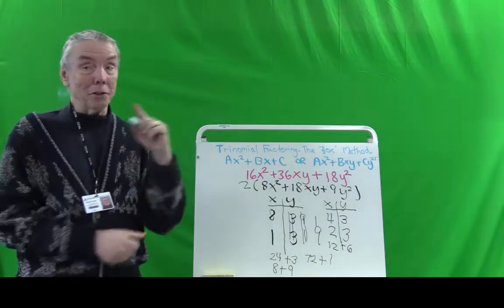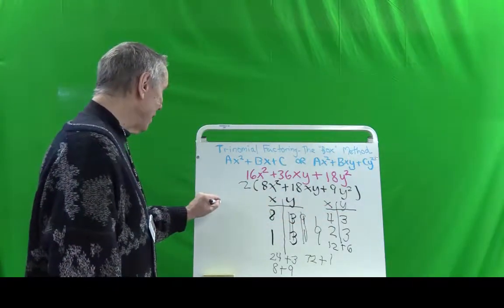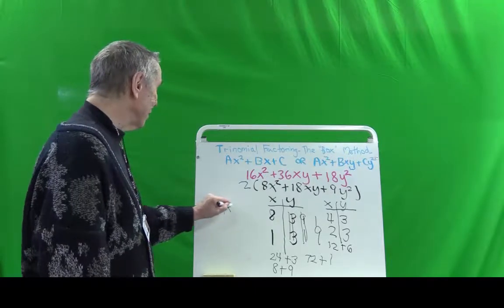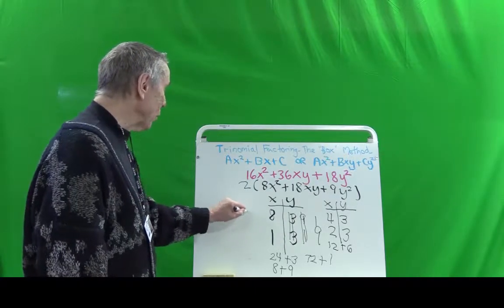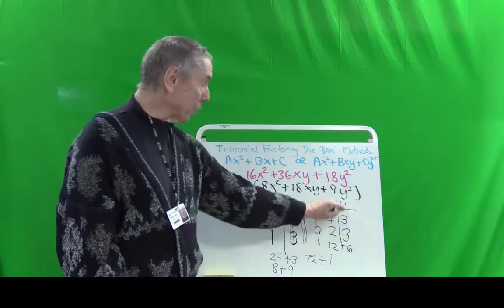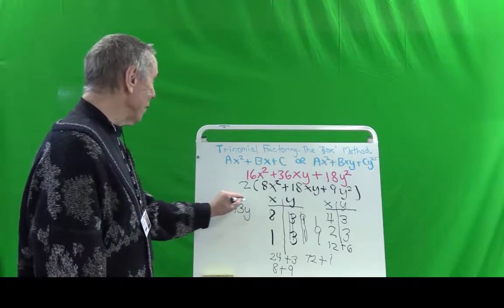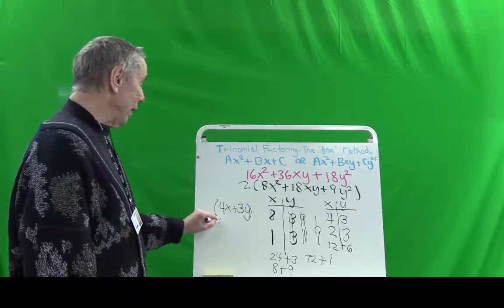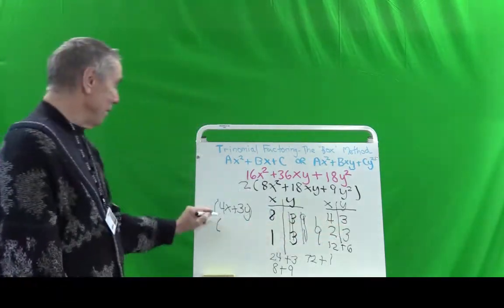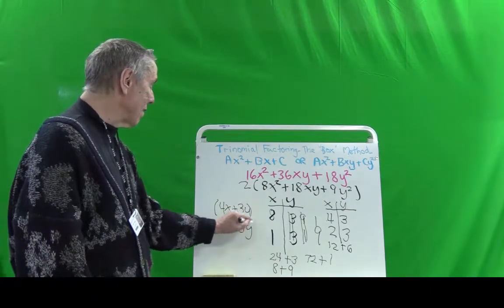Now the final answer, you have to be careful. If I read horizontally, I see 4x plus 3y, because the 4 is underneath the x, the 3 is underneath the y. Second factor would be, horizontally, 2x plus 3y.